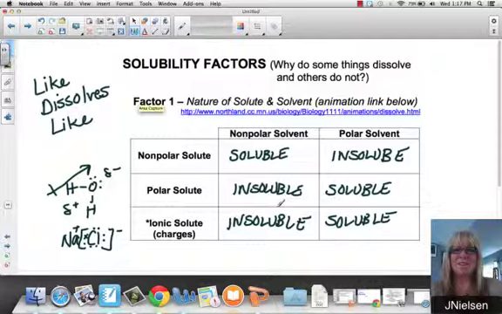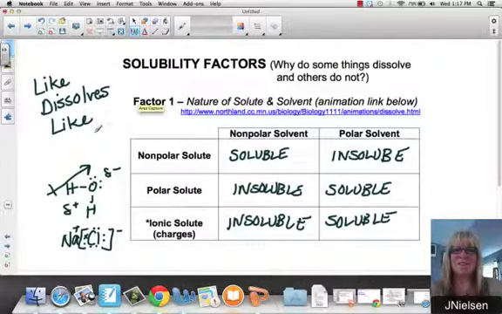You don't have to know what naphthalene is. I just told you it won't dissolve in water. So water is polar, therefore naphthalene isn't polar and it isn't ionic. So that does not have that like dissolves like scenario going on.